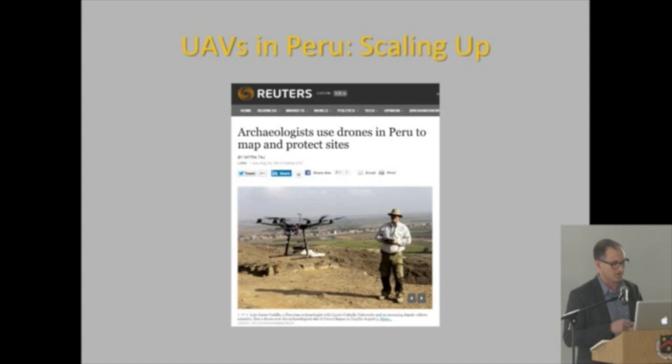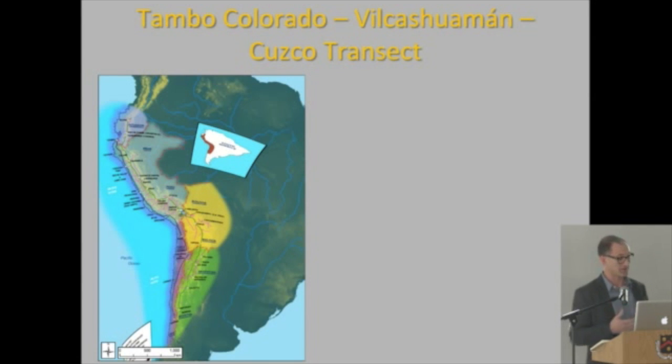He's the highest archaeological official in Peru. He flies them himself, and he's developing a massive arsenal of drones to document Peruvian archaeological sites, which is really important because these sites are disappearing really quickly.